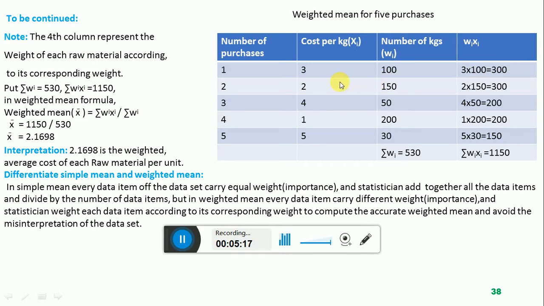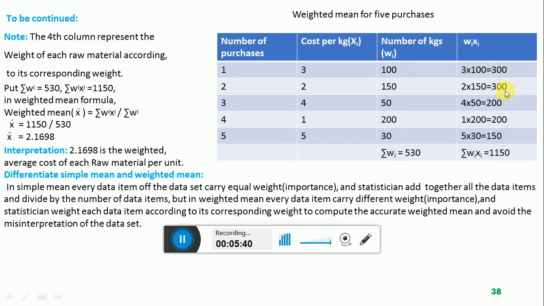Now the weight of the second raw material: the data item is the price per kg of the second raw material, $2. The weight is 150 kgs. To compute the total weight, the total cost, the statistician multiplies the price per kg by the total number of kgs, so this is equal to $300.